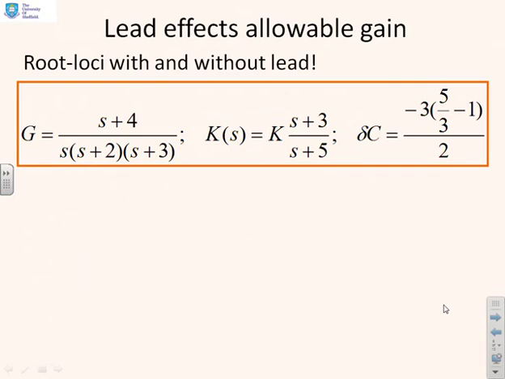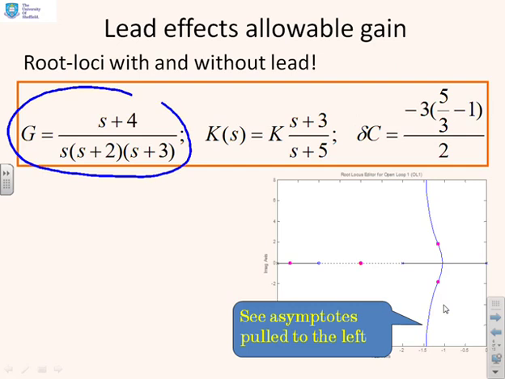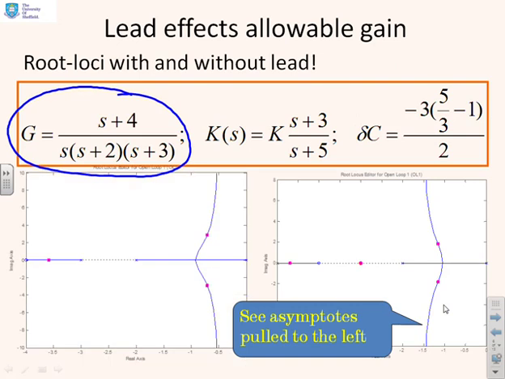Let's look at some examples then. In this example, we see how the lead affects the allowable gain. What we're going to do is sketch the root loci for this particular system G, with and without a lead compensator. Here on the left, without the lead compensator, you'll see the root loci. It has its breakaway point here not far from -1, and then the loci go slightly to the right. What happens when we add the lead?